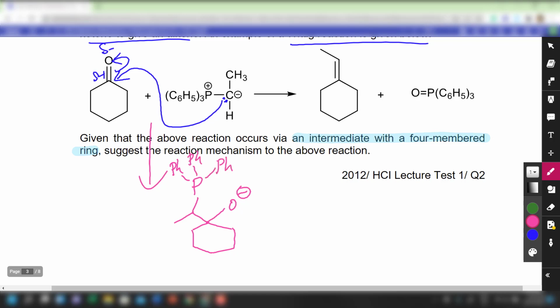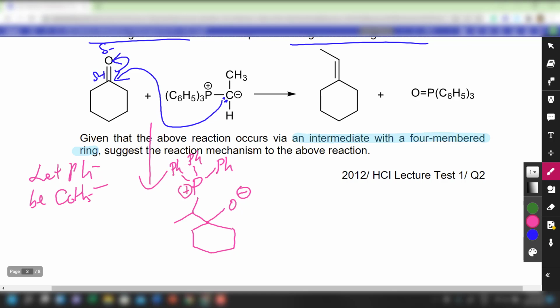Okay, I'm going to let Ph be the phenyl ring, C6H5. Okay, now this has a plus charge which is not being removed.